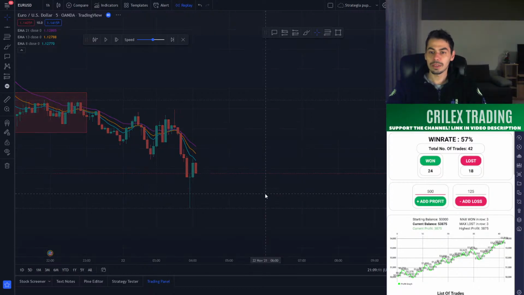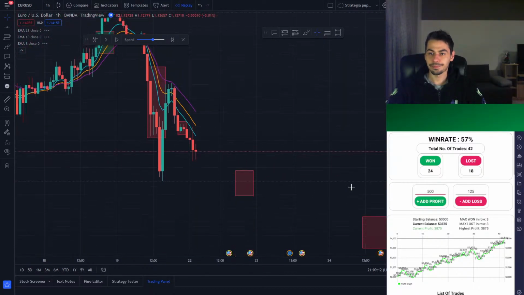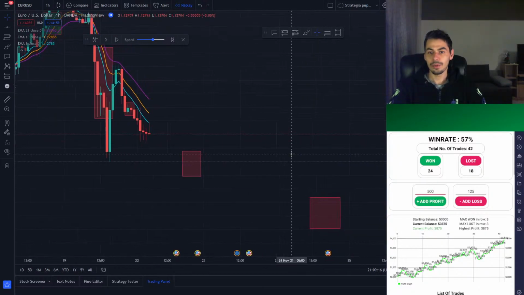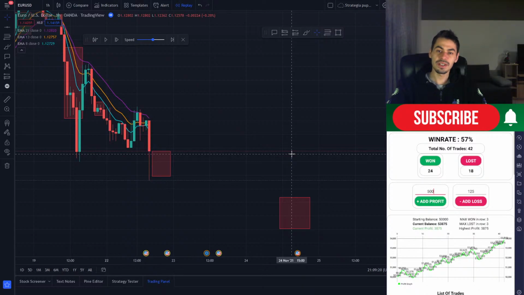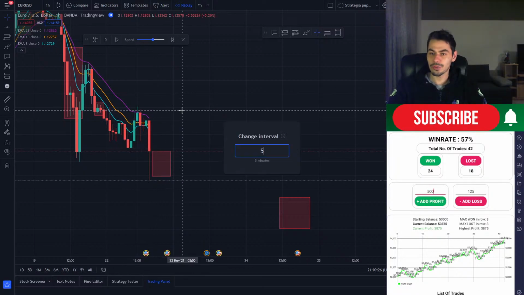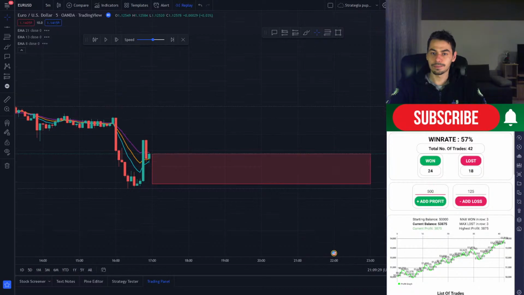Let's go to the next area, which is this one. As you can see now, the EMAs are crossed in the right way, so after this candle closes we can look for entries on the 5 minutes time frame.